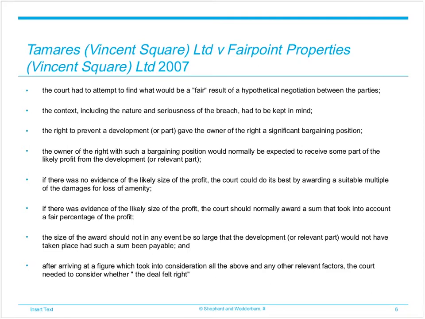The owner of the right with such a bargaining position would normally be expected to receive some part of the likely profit from the development. 5. If there was no evidence of the likely size of the profit, the court could do its best by awarding a suitable multiple of damages for loss of immunity. 6. If there was evidence of the likely size of the profit, the court should normally award a sum that took into account a fair percentage of the profit.